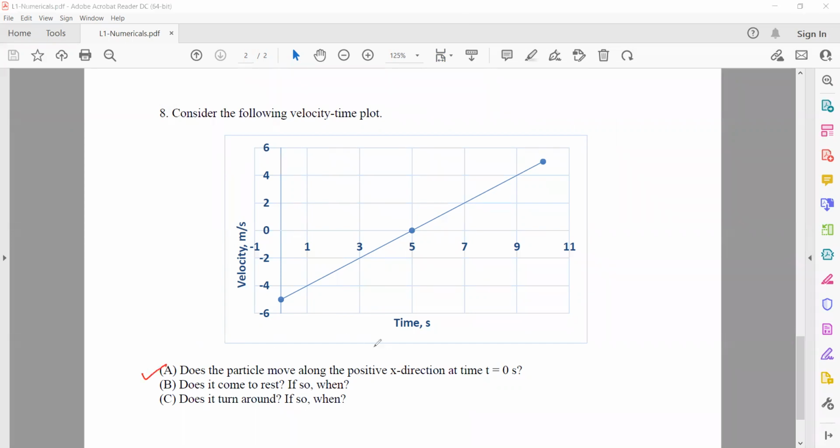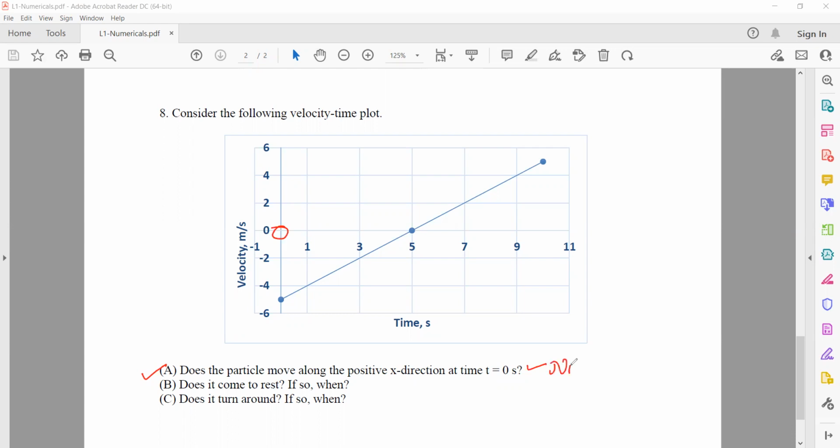Does the particle move along the positive x direction at time t equal to 0? What is the time t equal to 0 here? So this is 0, time t equal to 0 is here. At time t equal to 0, does the particle move along the positive x-axis? The answer is no. Because up to time t equal to 5 seconds, the particle travels in the negative x-axis.